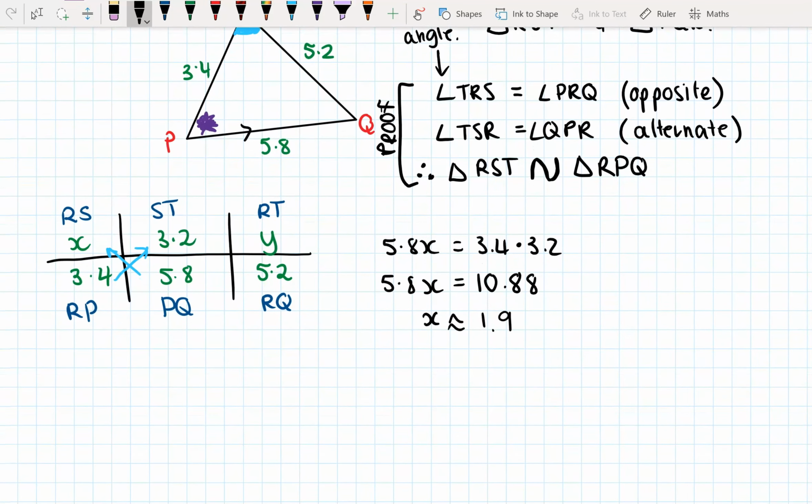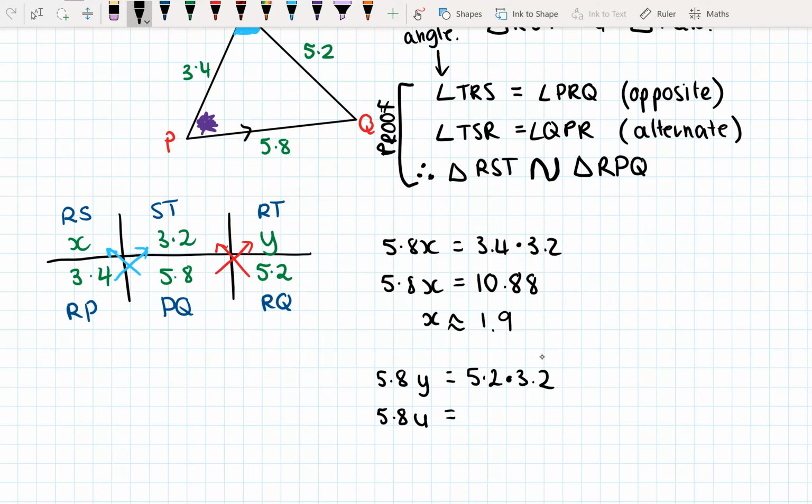Now we want to find y. We're going to do the same thing. So for y, we're going to cross multiply here. Don't use the x that you just found because the x was not accurate, or keep it as a fraction if you're going to insist on using x. So 5.8y is equal to 5.2 times 3.2.